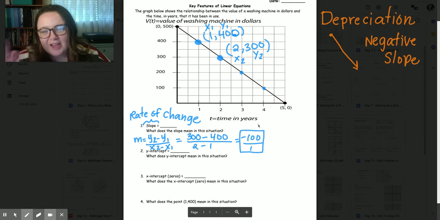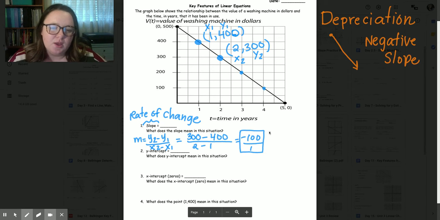So then it says under that slope, what does this mean in the real situation? We kind of touched on that a little bit, actually a lot of it.